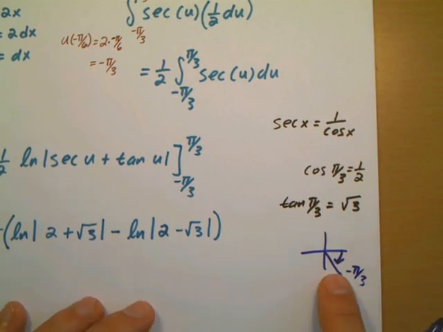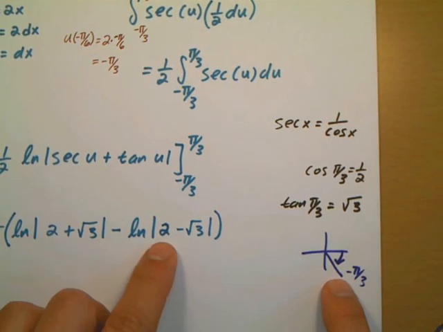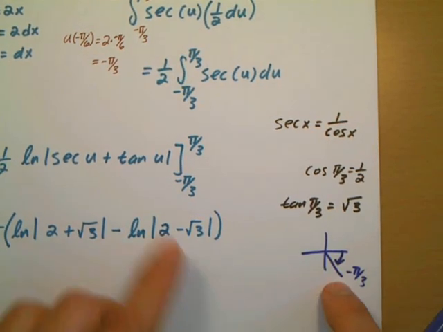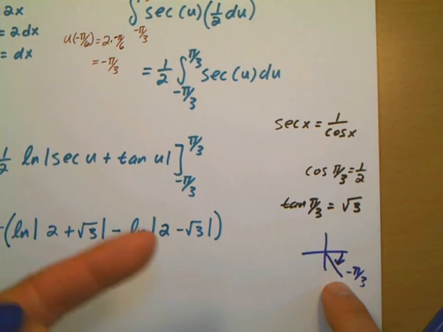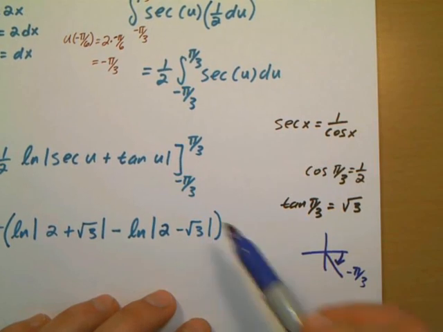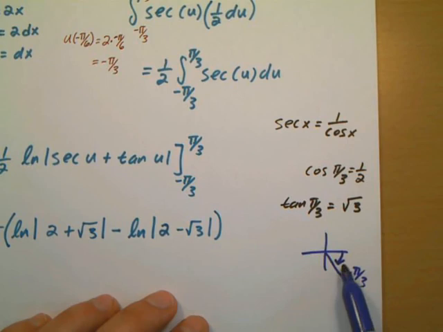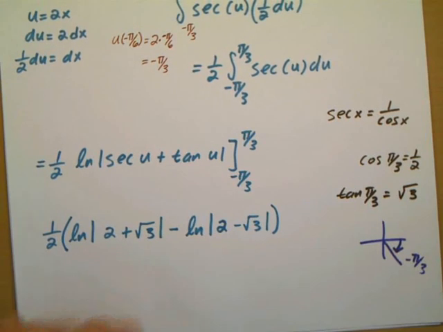In this quadrant, cosine is still positive, and since secant and cosine are just reciprocals, it's still going to remain positive. But in this quadrant, since tangent is cosine divided by sine, one's positive, one's negative, so they're going to divide each other, and there's going to be a negative. So in the fourth quadrant, cosine and sine are different signs. So that's why this is negative.